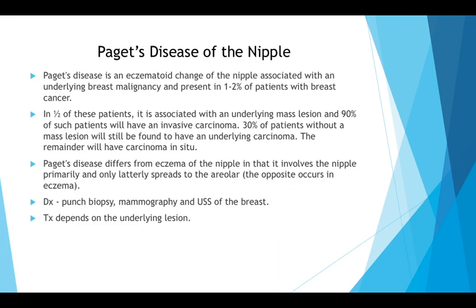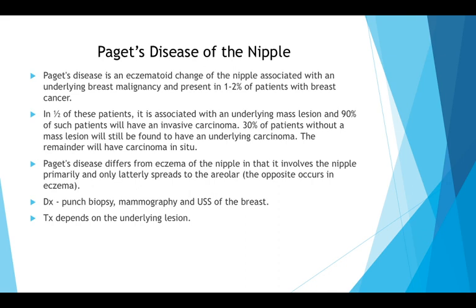30% of those without a mass lesion will still have an underlying carcinoma, we just won't be able to find it. The remainder will just have a CIS. The presentation of Paget's disease can often be confused with just an eczema of the nipple, so you need to differentiate between that.